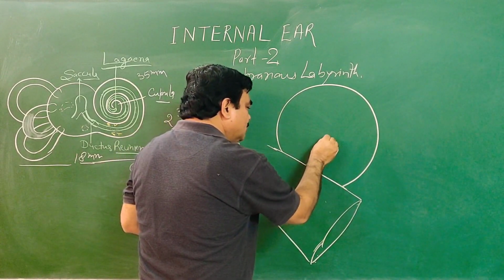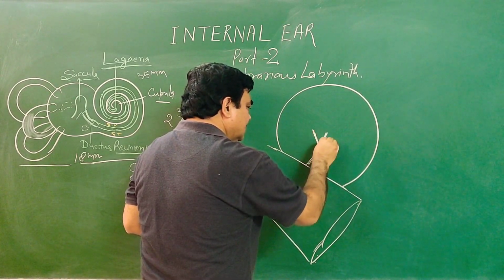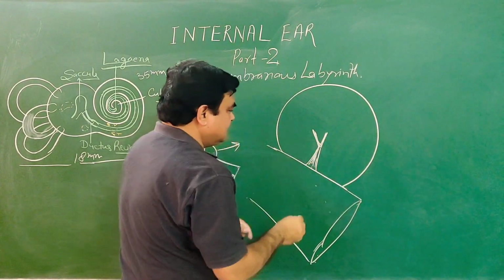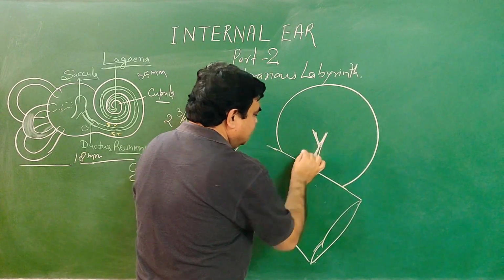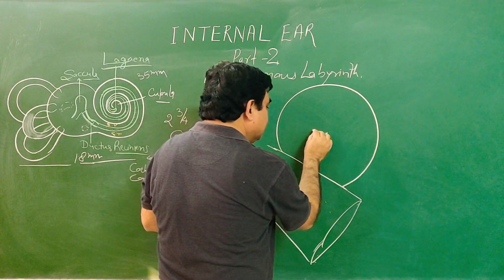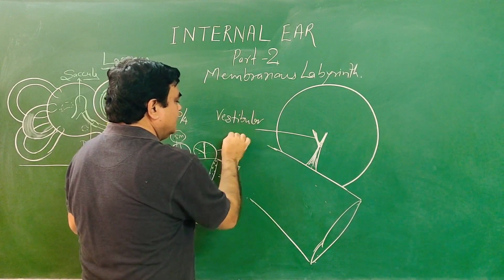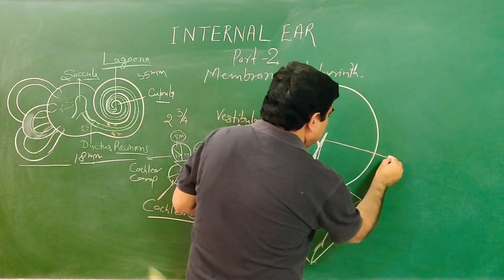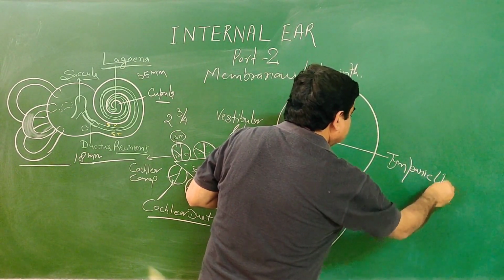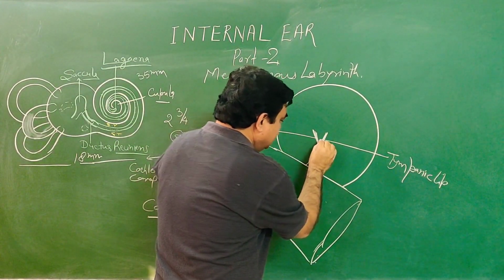The spiral lamina divides into two lips, one lip here, one lip here, by a C-shaped sulcus. This lip is the vestibular lip. This is the tympanic lip, separated by the C-shaped sulcus.